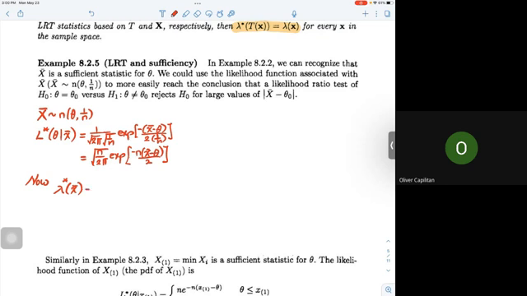It's actually the supremum of the likelihood function of theta given our sufficient statistic X bar, where theta here is an element of our null parameter space, divided by the supremum of the likelihood function of theta given X bar, where theta is an element of the entire parameter space.